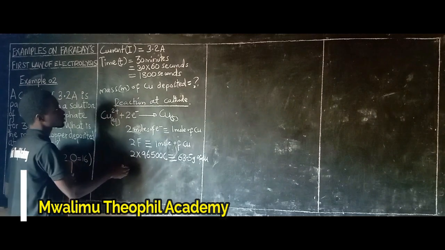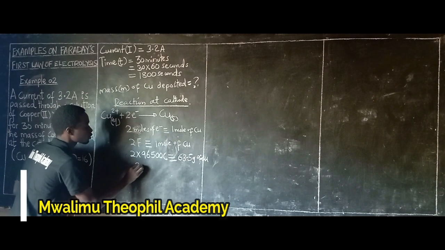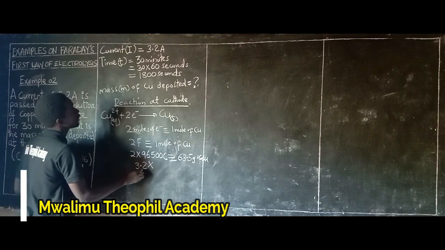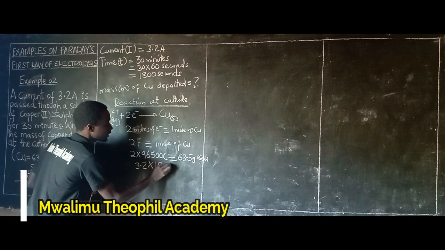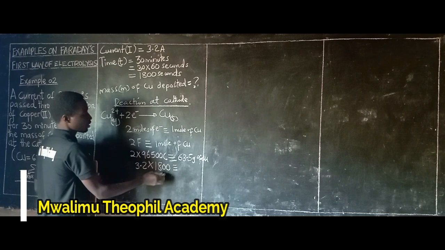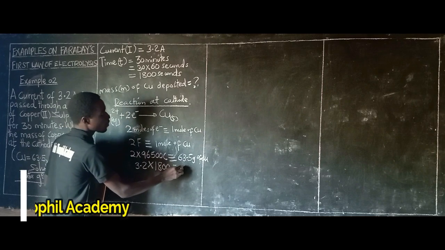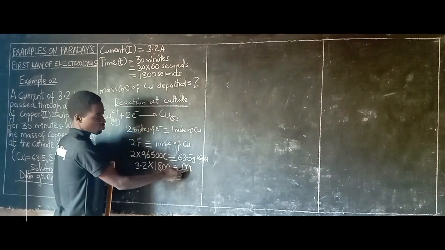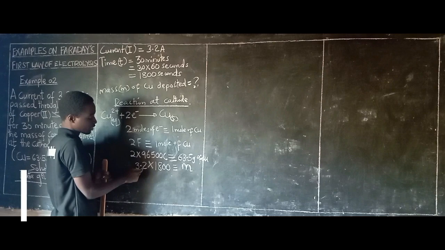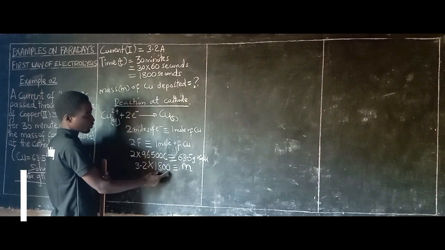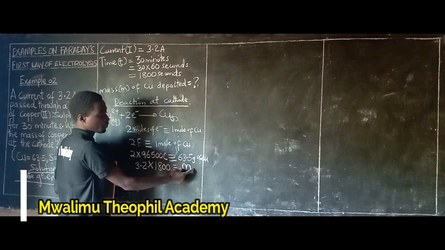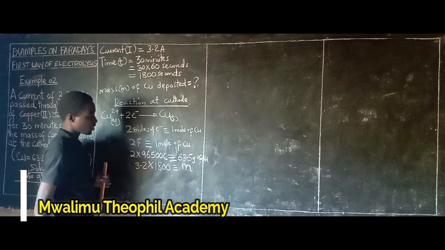So 3.2 ampere times 1,800 seconds will be equivalent to how much mass, m, as the mass which is required is not known. When this current is applied within this time, 1,800 seconds, mass m of copper will be deposited at the cathode, but this mass is not known and is what we are looking for according to the question given.